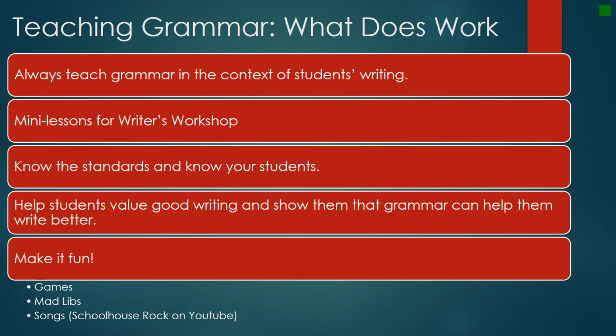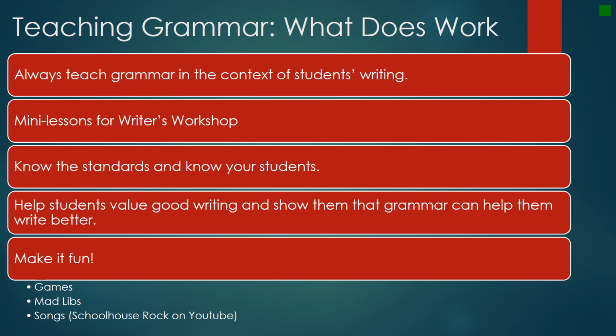Now, you also need to help students value good and beautiful writing and show them how grammar can help them write better. Very few people get excited about doing something like writing in a grammatically correct way by being told what they're doing wrong. So try to keep your focus positive, make it fun.